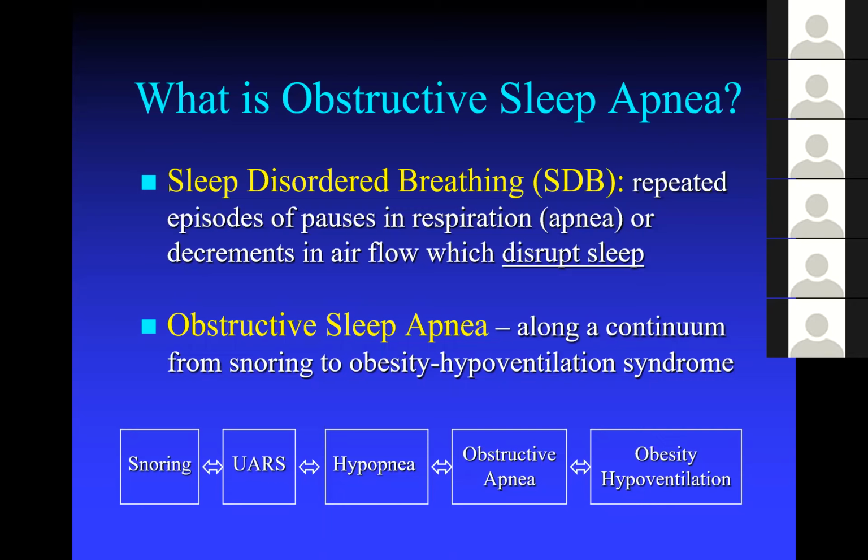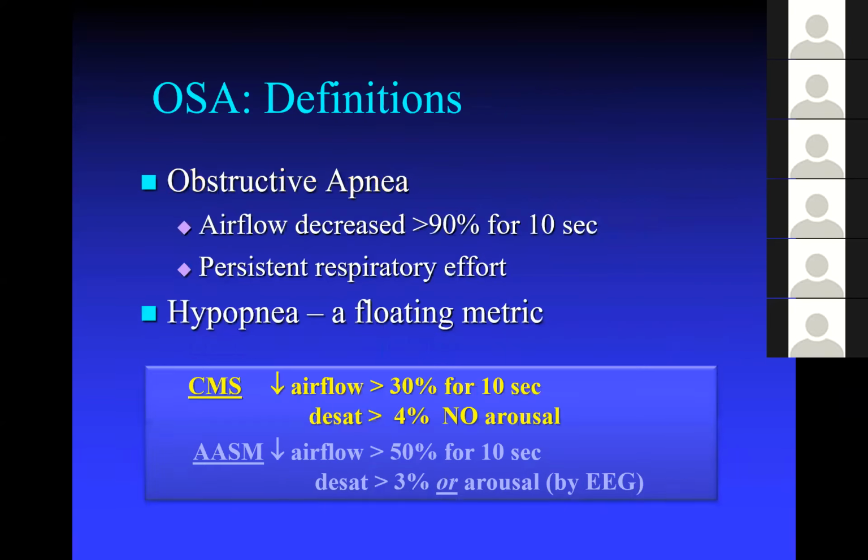On the bottom, you see snoring on the left and obesity hypoventilation syndrome on the right, and sleep apnea is in the middle. Just for a note, obesity hypoventilation syndrome is treated only with CPAP. Surgery does not correct it. It can make CPAP easier to use, but it will not correct it.